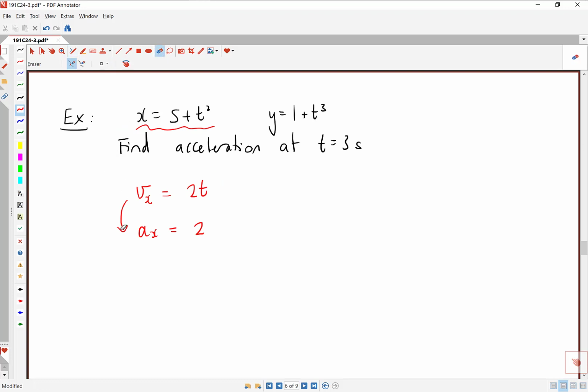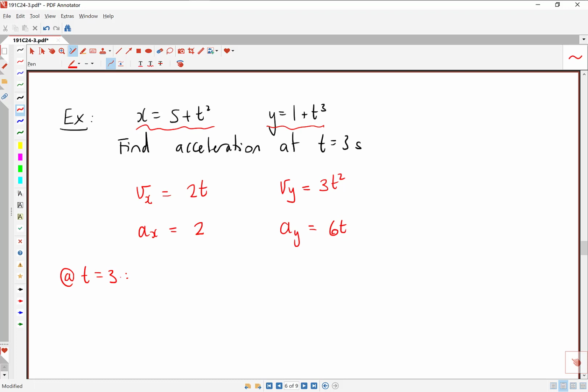Okay, let's do the same thing for the vertical direction. So we would first get v sub y, and then we would get a sub y. So vertical velocity, if we take the derivative of this, is 3t squared. Take the derivative again, and you get vertical acceleration. So that's 6t. Then we can plug in whatever t value we're interested in. In this case, it's t equals 3.